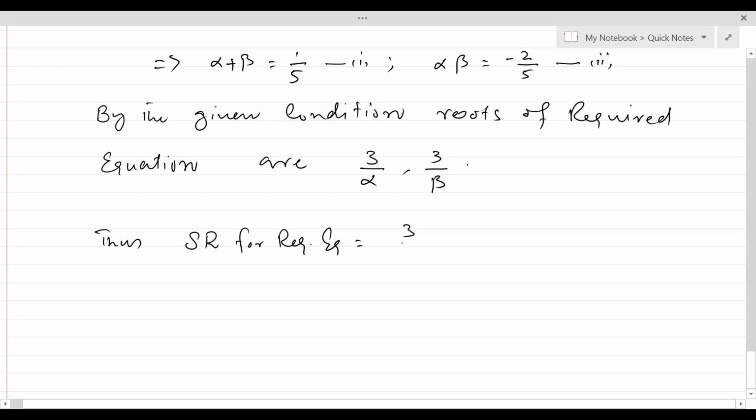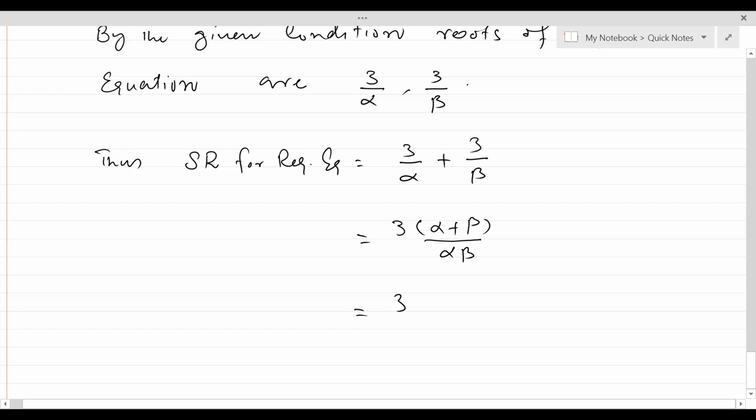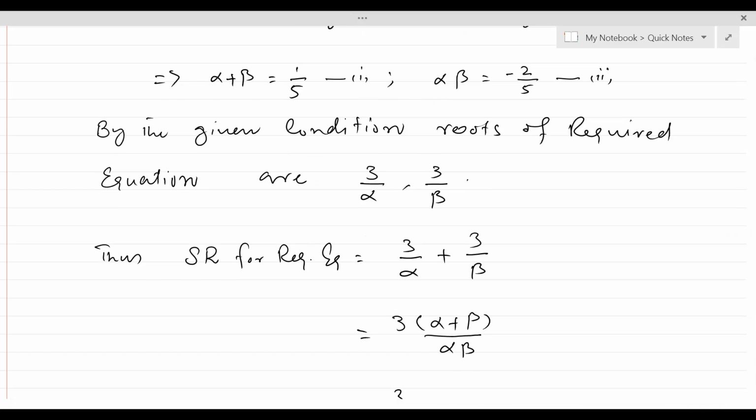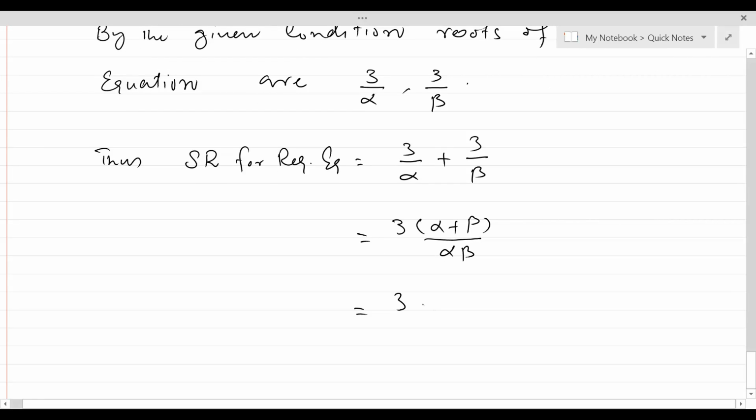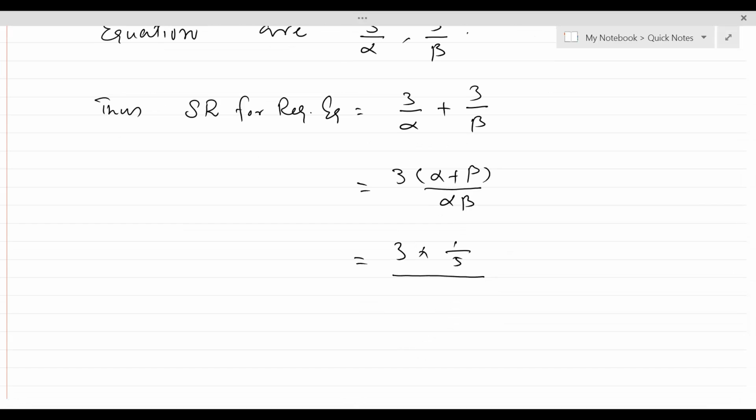is equal to 3 over alpha plus 3 over beta. This means we can take 3 common. This will be 3 times (alpha plus beta) over alpha into beta. The value of alpha plus beta is 1 over 5, divided by alpha into beta, which is minus 2 over 5.